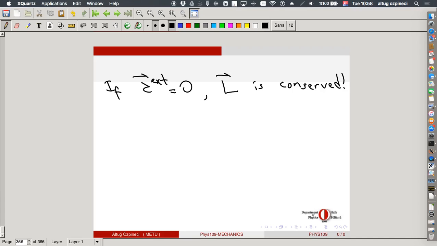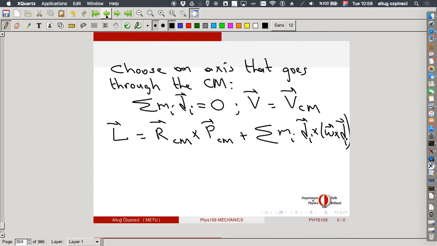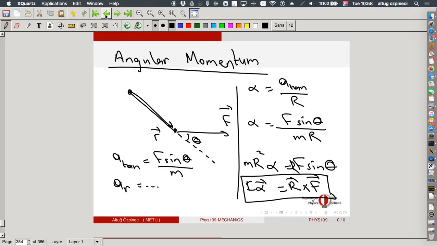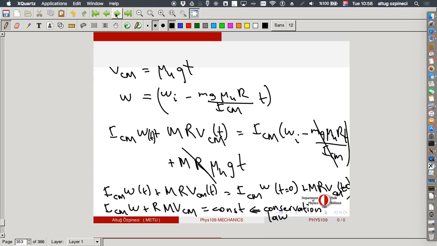So this is in fact the reason why we had seen this conserved quantity. If we go back to that conserved quantity, this was the conserved quantity in the example of the yo-yo.